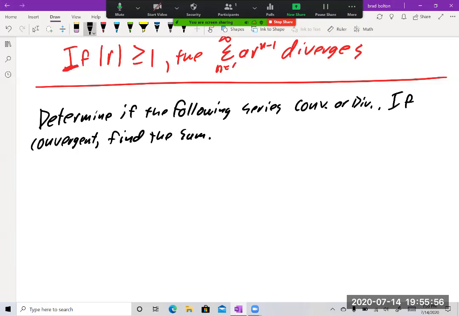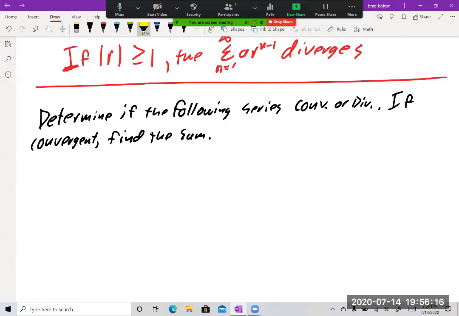So here's the thing. I want you guys to remember this for test taking and everything. We're going to learn like 6, 7, 8 ways to test a series. It's very important that you understand that for most of the series we deal with, we cannot actually find the sum. We cannot actually find the number. We can only say convergent or divergent.